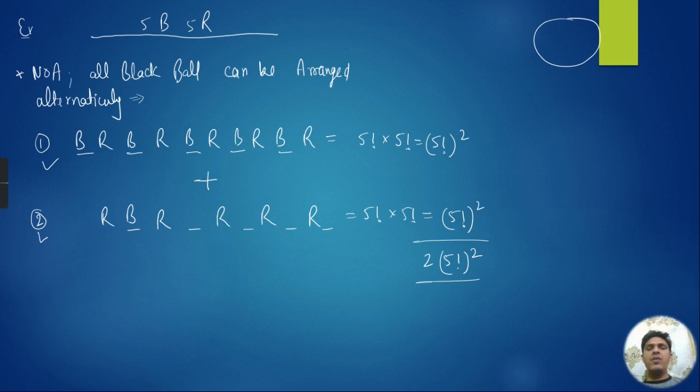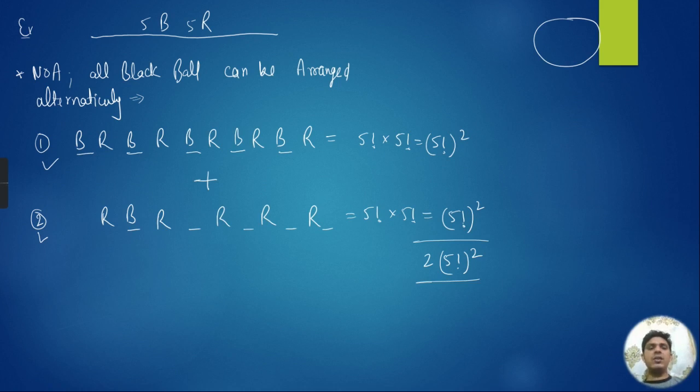For this question, as we know, when we talk about a line, there are two ends: a starting point and an ending point. But when we talk about a circle, there is no starting point or ending point. That means the first end of the circle is connected to the last end of the circle.